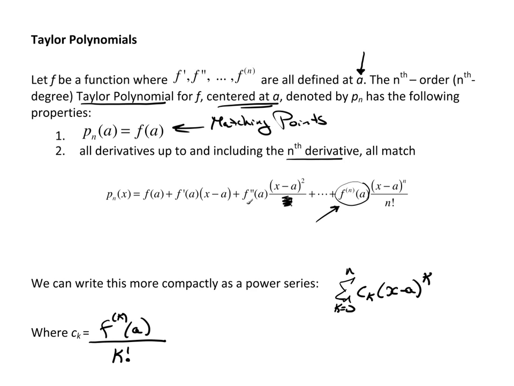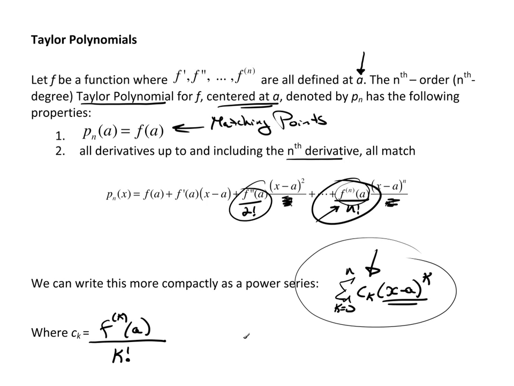If I move this 2 factorial right here, if I move this n factorial right here, these are my c_k's, my constant terms out front of this term right here.